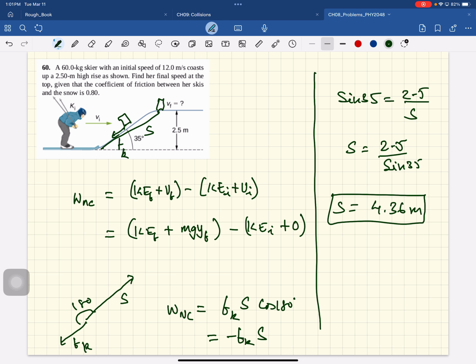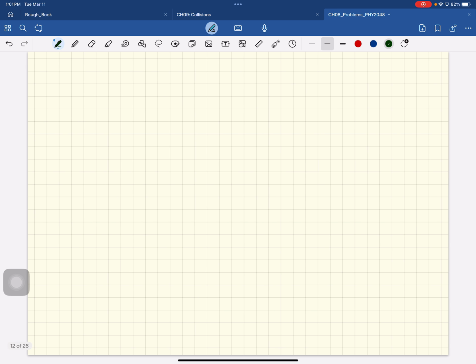Well, what is the friction force? So let me draw another diagram here. So here's the skier on the slope. There's mg. This is theta. This is mg cosine theta, which is equal to the normal force.